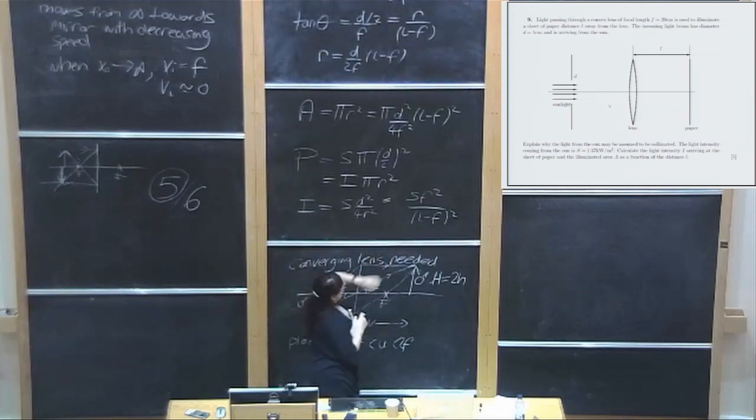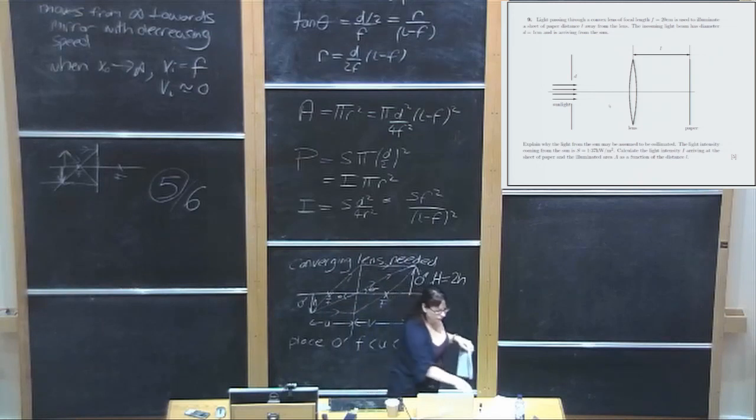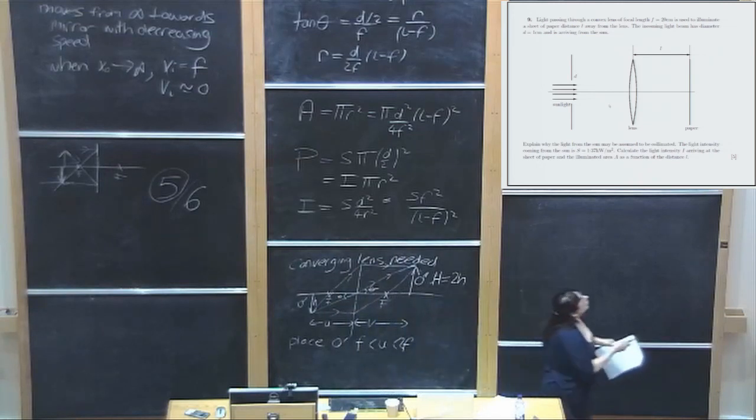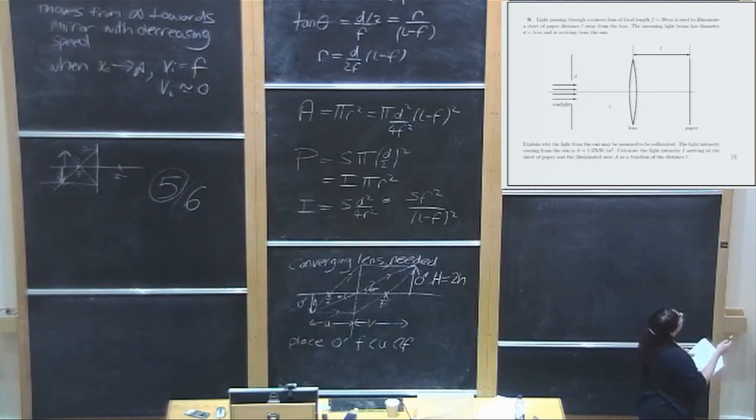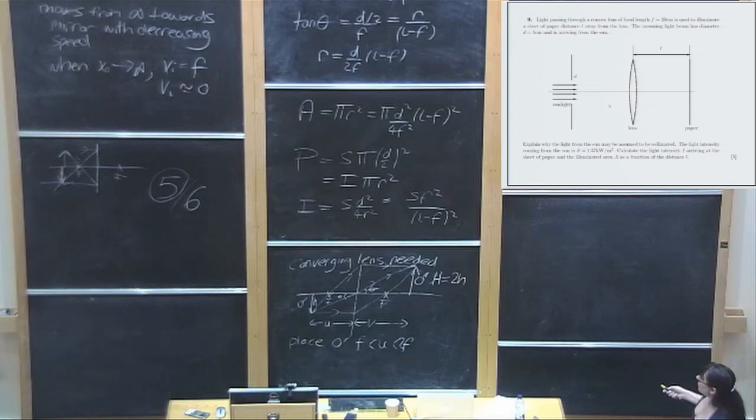If I were to place my paper at the focal point, wherever the focal point actually is, then my intensity tends to infinity. That makes sense, because you'd be putting it right at the point where you've focused down to an infinitesimal spot, at least in geometric optics.